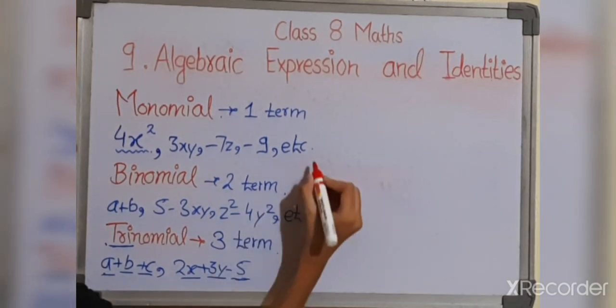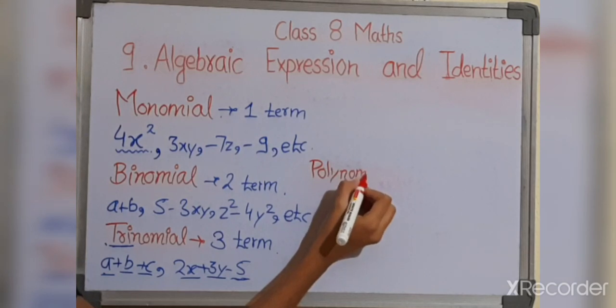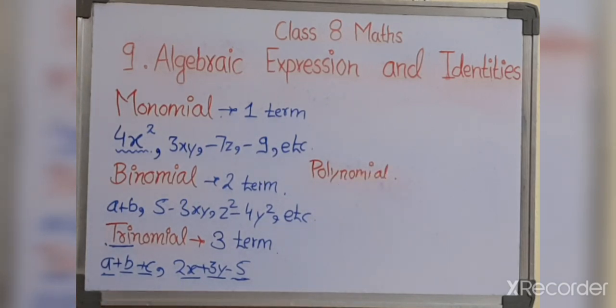Now let's see what is polynomial. Polynomial means an expression containing one or more terms with non-zero coefficient, that is with variables having non-negative exponents, is called polynomial. A polynomial may contain any number of terms, one or more than one.